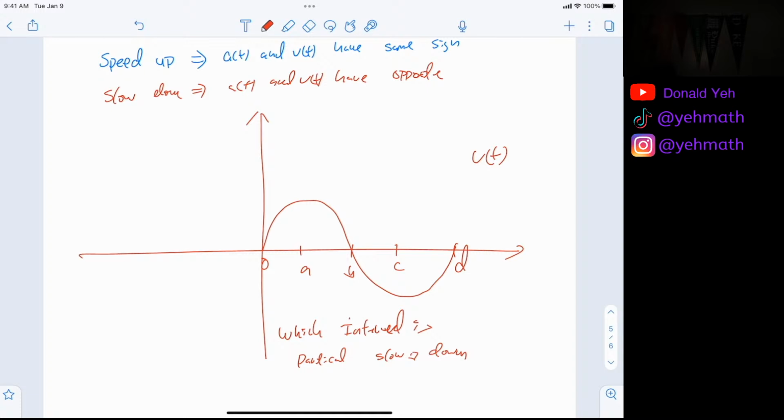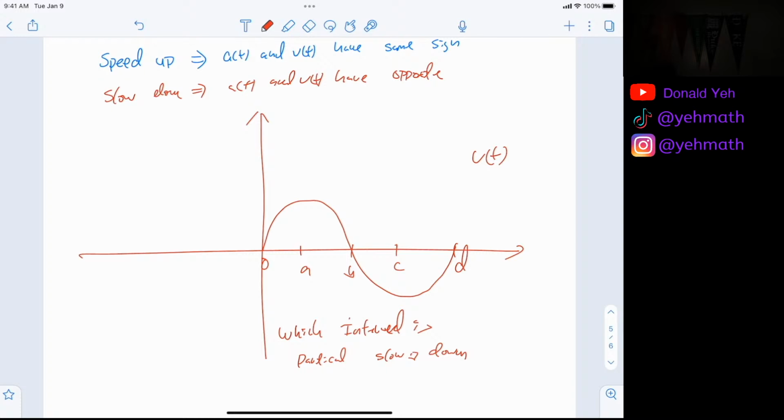I think Mason's still kind of confused. They just switch direction at B. Is that right? A to B, C to D.